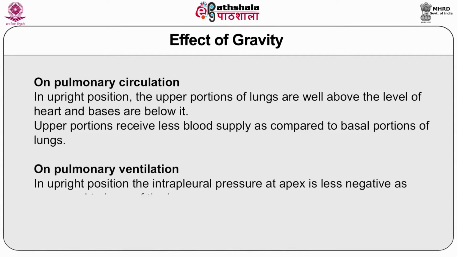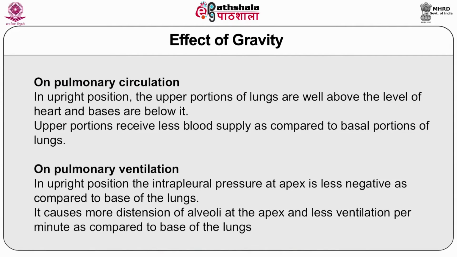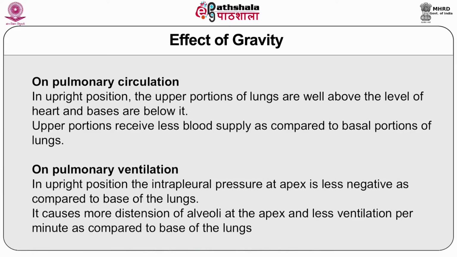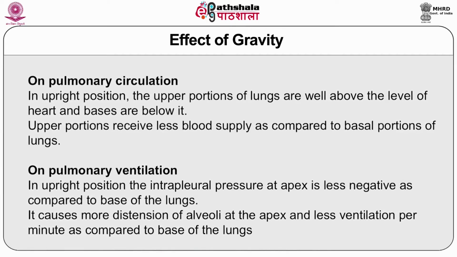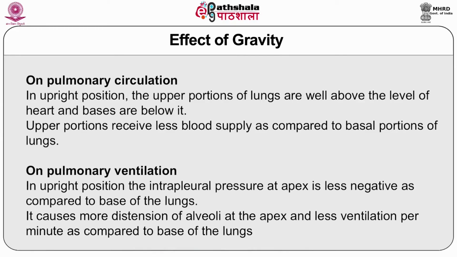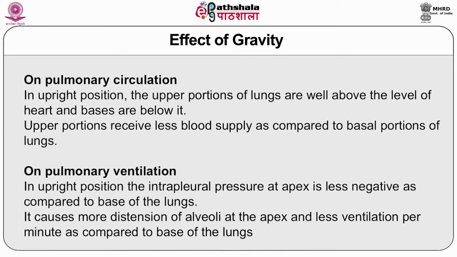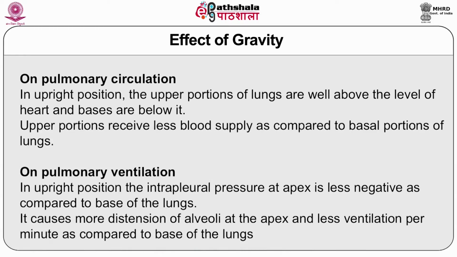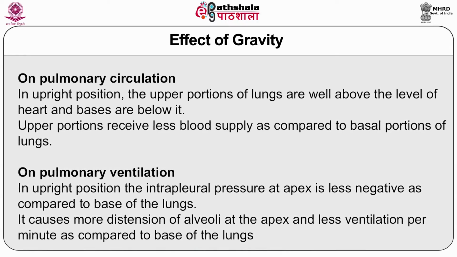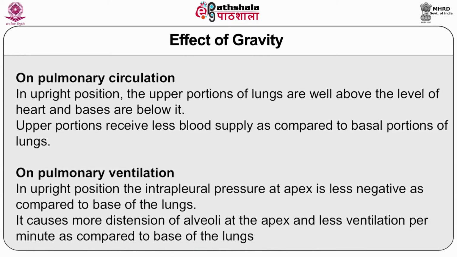In upright position, the intrapleural pressure at the apex is less negative as compared to the base of the lungs. It leads to more distension of alveoli at the apex and less ventilation per minute as compared to the base of the lungs.